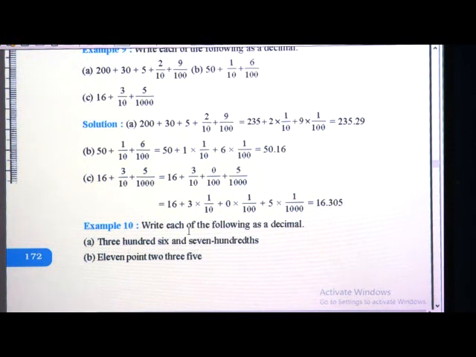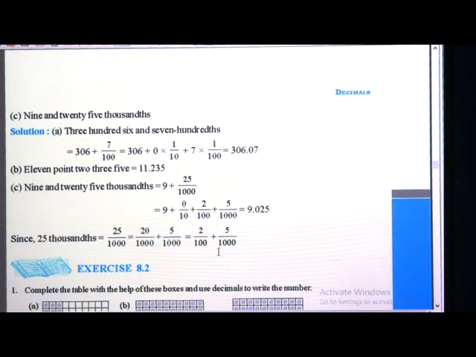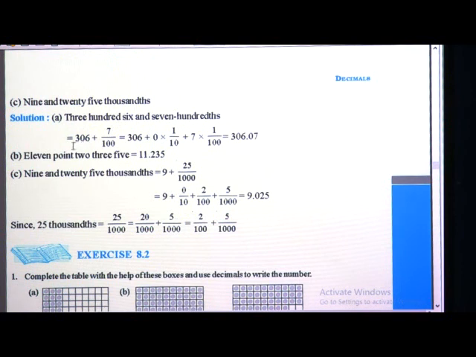Example 10. Write each of the following as a decimal. Now, these questions are given, we need to write this in the decimal form. 306 and 7 hundredths. See here, 306 plus 7 upon 100.